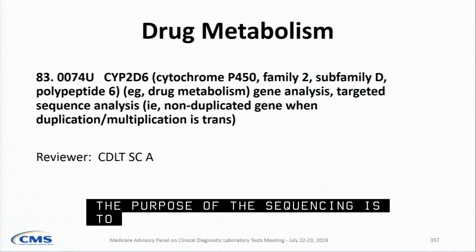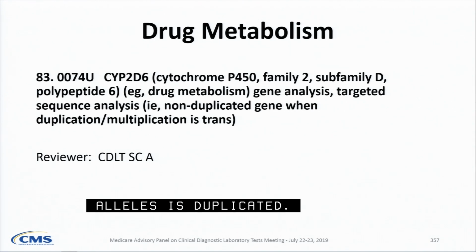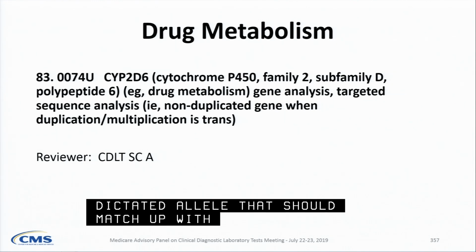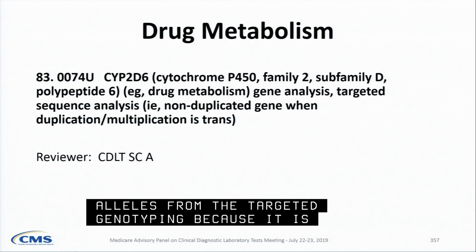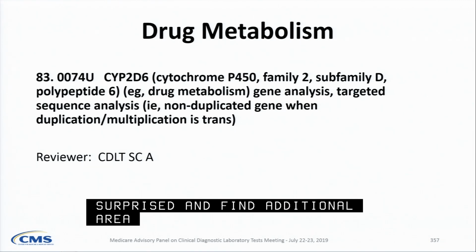So yes, we would be identifying the variants that would be within the duplicated allele that should match up with one of the two, I guess, baseline alleles from the targeted genotyping. But because it's sequencing instead, sometimes you can be a little surprised and find additional variants within that duplicated allele. Not sure if that answered your question.